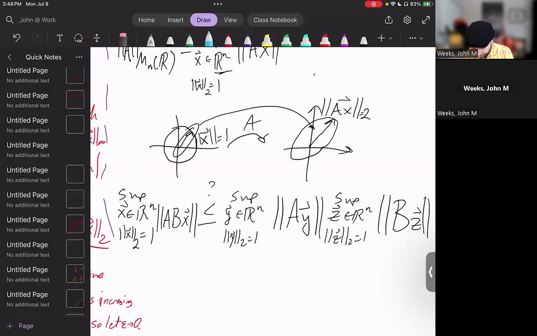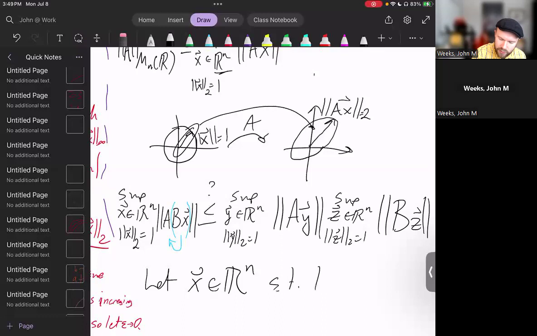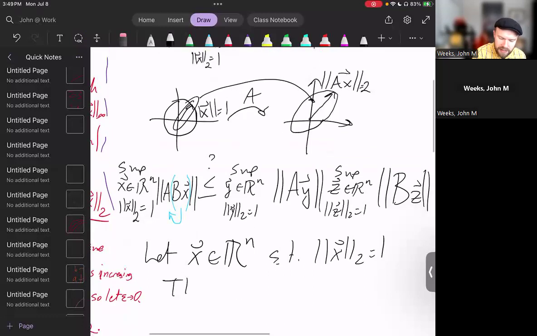How about this? First, we know that B times x is going to give us another vector. That other vector is something that we could be plugging into A. So let's start with: let x be in Rn such that the norm of x sub 2 is equal to 1. Then Bx, whatever this vector is, is a vector in Rn.